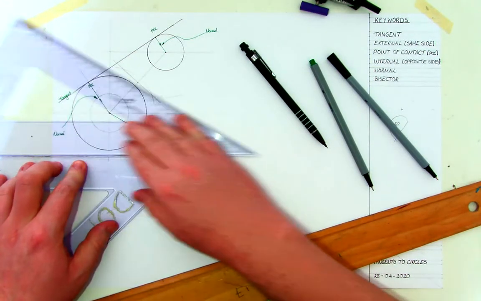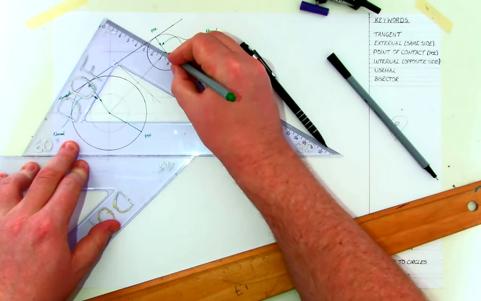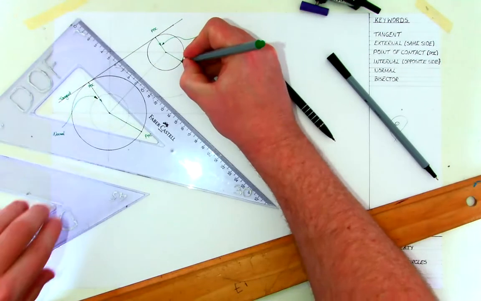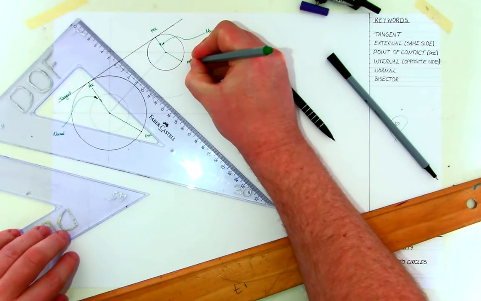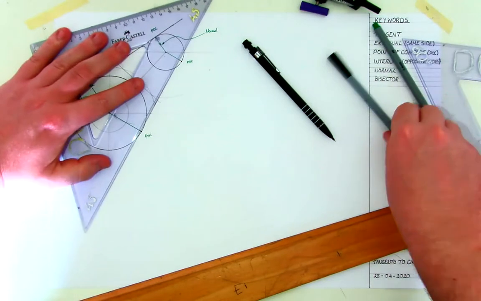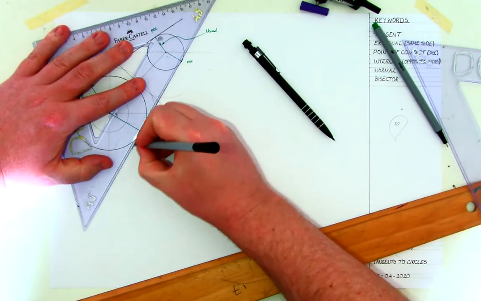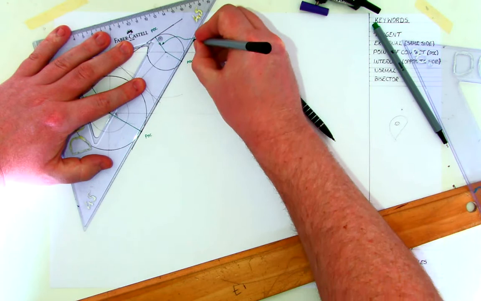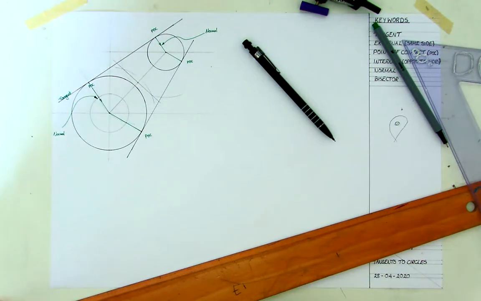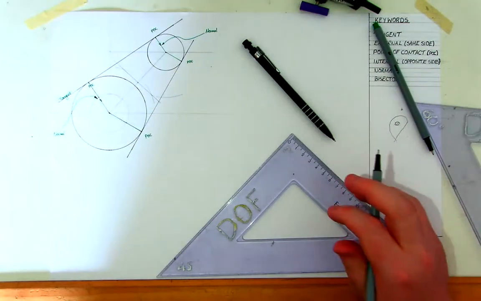So there's my parallel line. Go through the center of the other circle. There we go. Gives us the point of contact. And then we've got the other tangent. So there's our tangents to the two. There's both tangents to the 2 circles there.